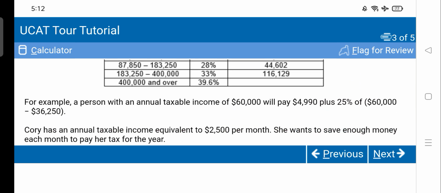For example, a person with an annual taxable income of $60,000 will pay $4,990 plus 25% of this amount.